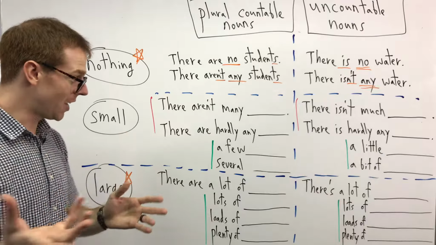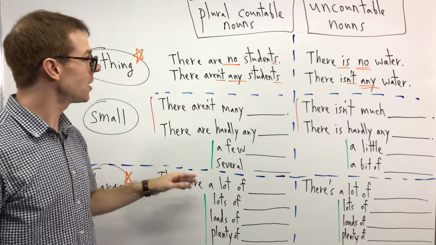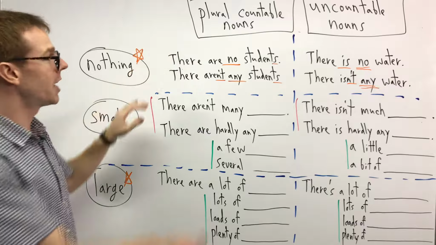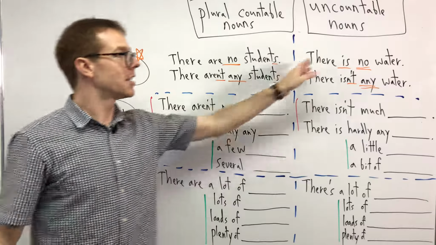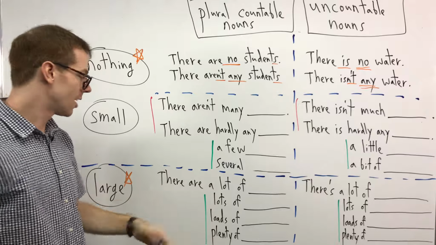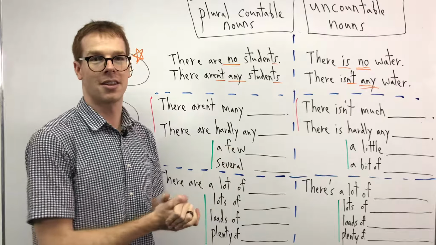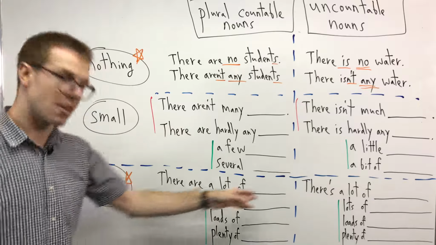And you're very lucky here, because both of these are the same, just like up here. Remember we said no, not any, is no, isn't any. Same pattern here for a lot. You could say there are a lot of students. There are lots of students.